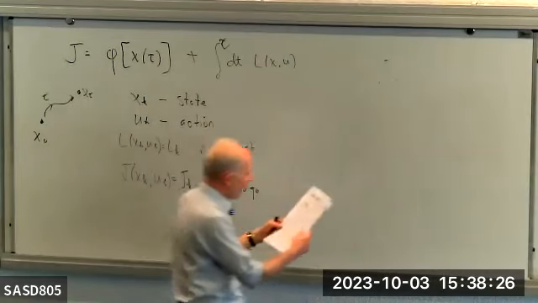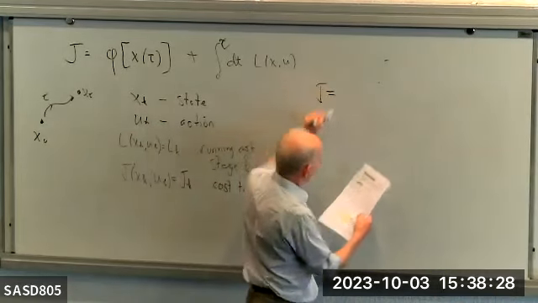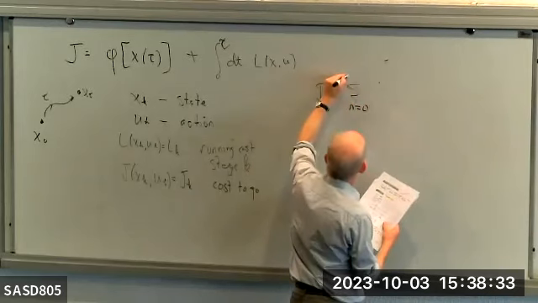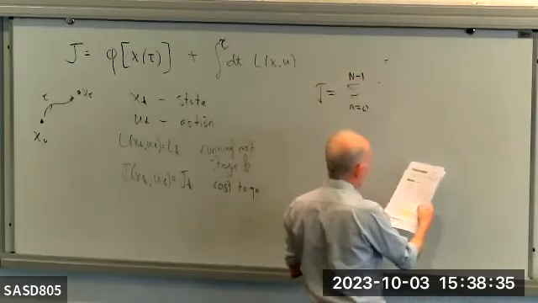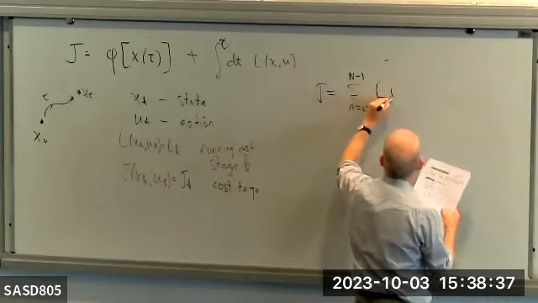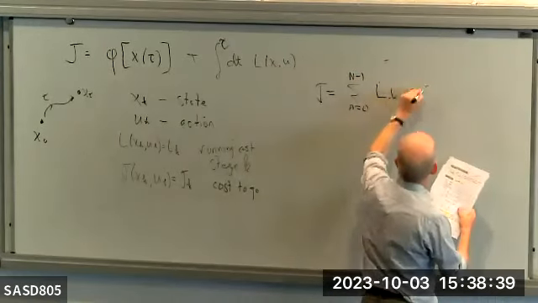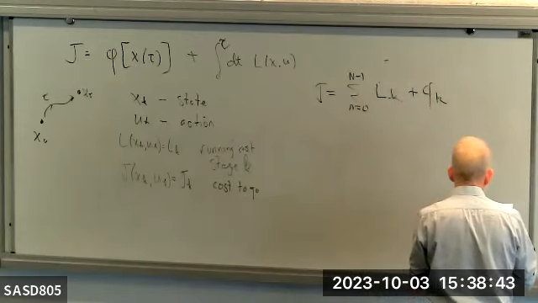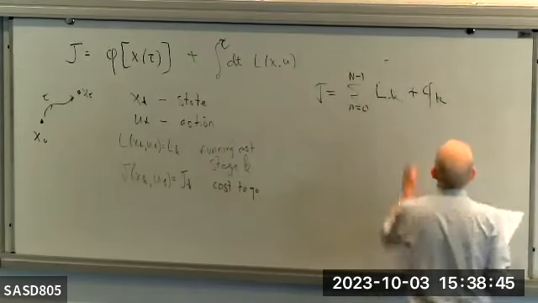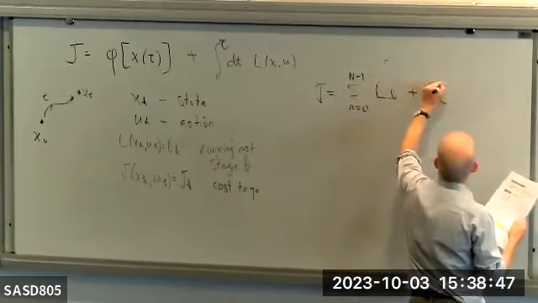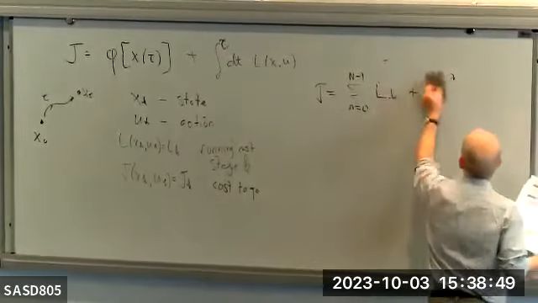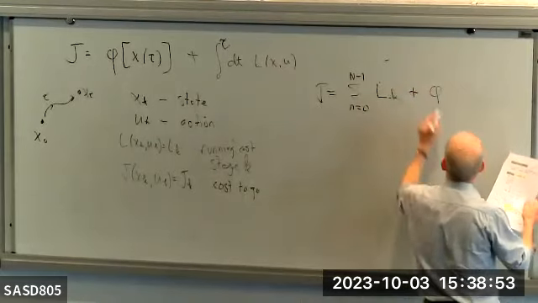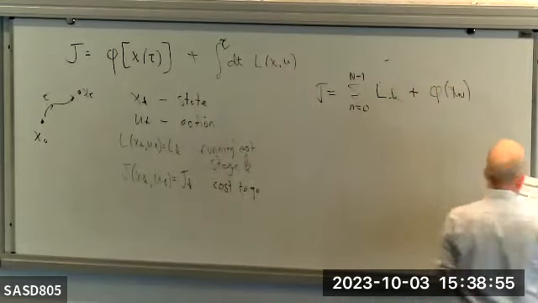And so then we can write J as a sum from 0 to, let's say, n-1 of our lk, and if we had some final cost, we could also add it in. Sorry, this is the final cost, phi of xn.